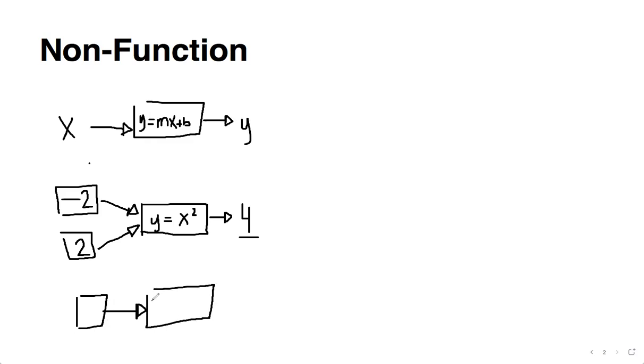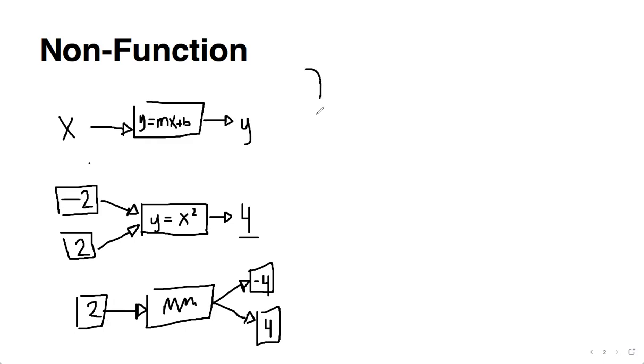That is what makes it a non-function. So I cannot put in +2 and get out -4 and +4. There's no math thing that would allow that to happen. And if it does allow that to happen, then it is not a function.